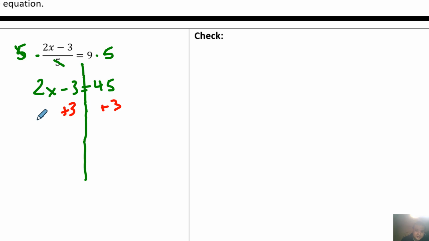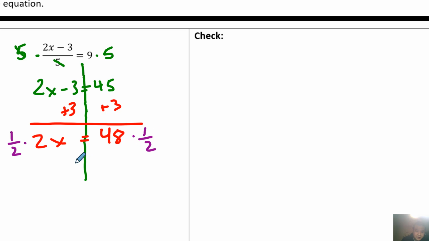And what we get is 2x equals 48. Then we're going to multiply both sides by the reciprocal of 2, which is 1/2. And we get x equals, this cross cancels, this becomes a 24, this becomes a 1, so x equals 24.